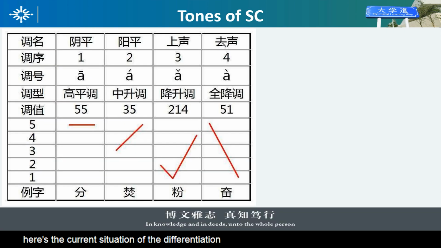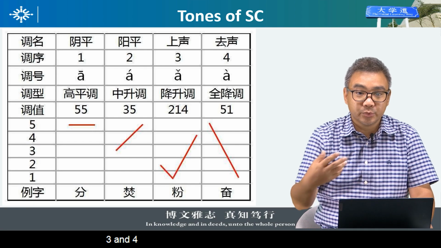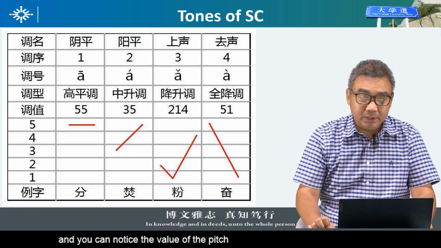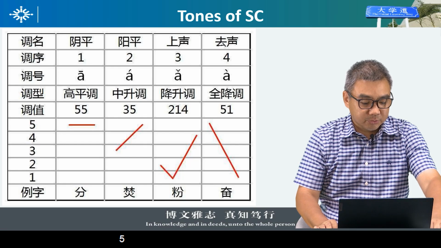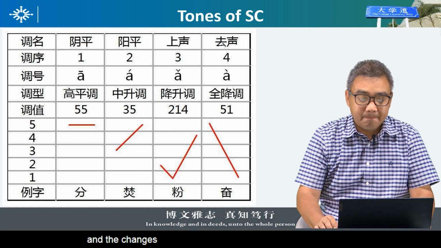Okay, here is the current situation of the differentiation of tones in Standard Chinese. We all know that there are 4 classifications: 阴平, 阳平, 上声, 去声, or tone 1, 2, 3, and 4. You can notice the pitch values: 55, 35, 214, and 51.